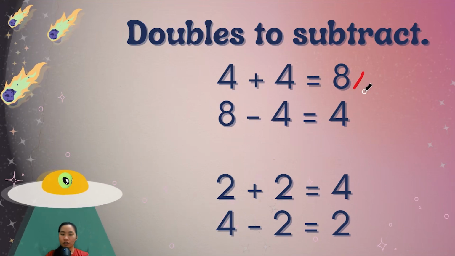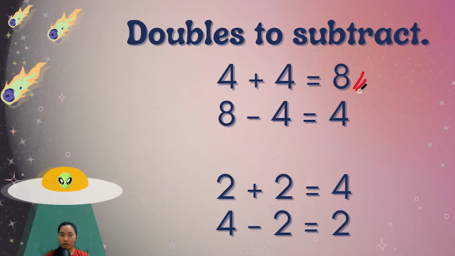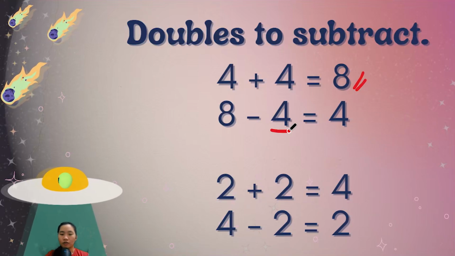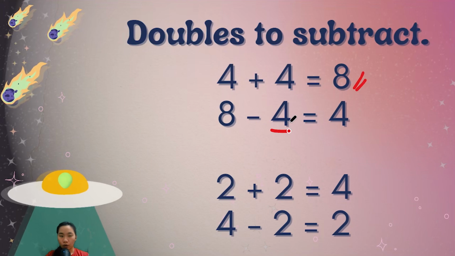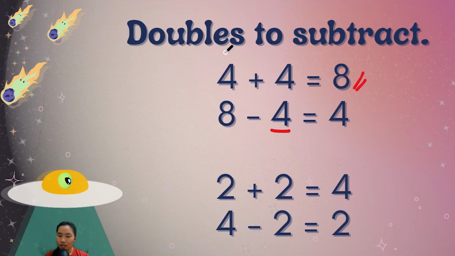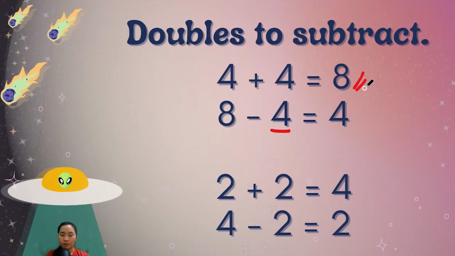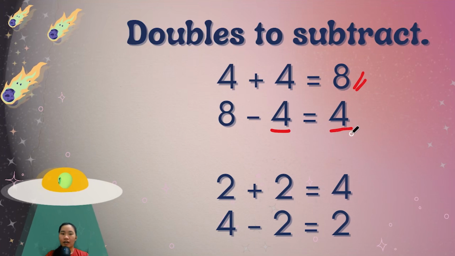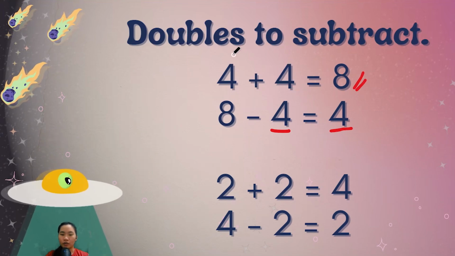If you use the sum, which is 8 in this case, and you subtract one of the addends, let's say 4, because we're working with doubles, we're not working with differing addends yet. If you take the sum and subtract one of the addends, you get the other addend. So if you subtract 4 from the sum of 8, you would get this 4 over here.